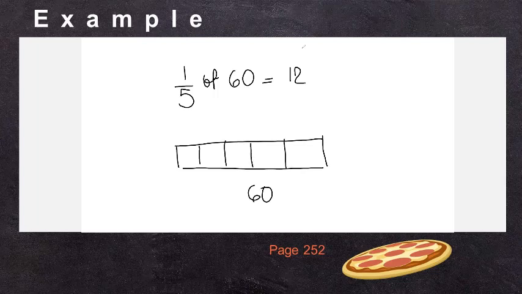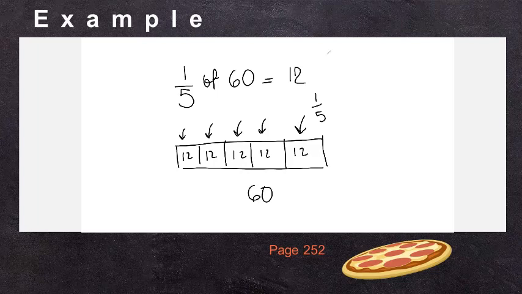It's a little ugly, but they are 5 equal parts. And in each part you have 12, 12, 12, 12, 12. In total that makes 60. 60 is divided by 5, so each part is 1/5, 1/5, 1/5, and another 1/5.